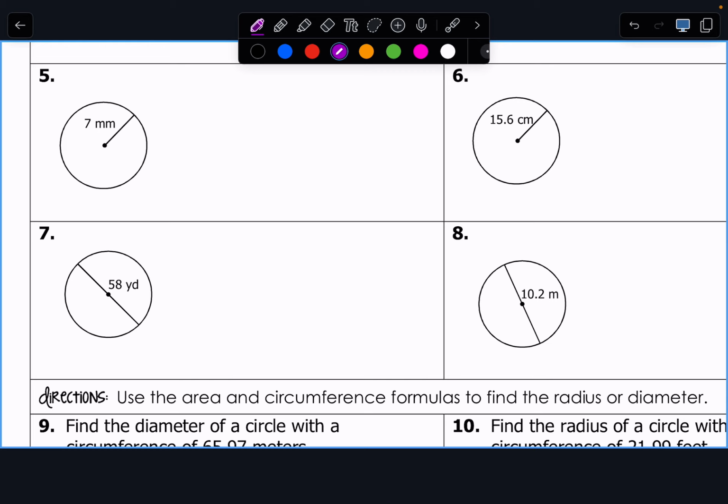Okay, so to find the circumference in number 5, we take 2 times pi times 7. So we have 14 pi, which is 43.98, so we round to 44.0. What's our label?